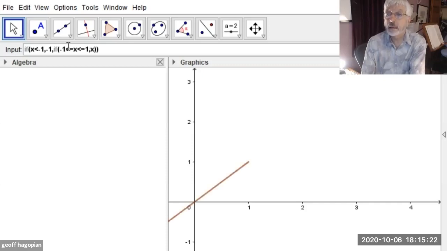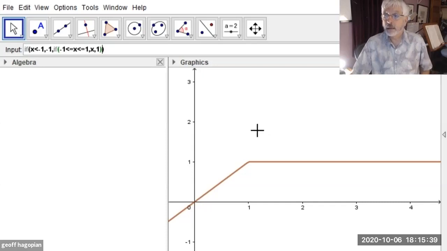Otherwise, we're going to use just 1. So that's done it. And let me press enter.